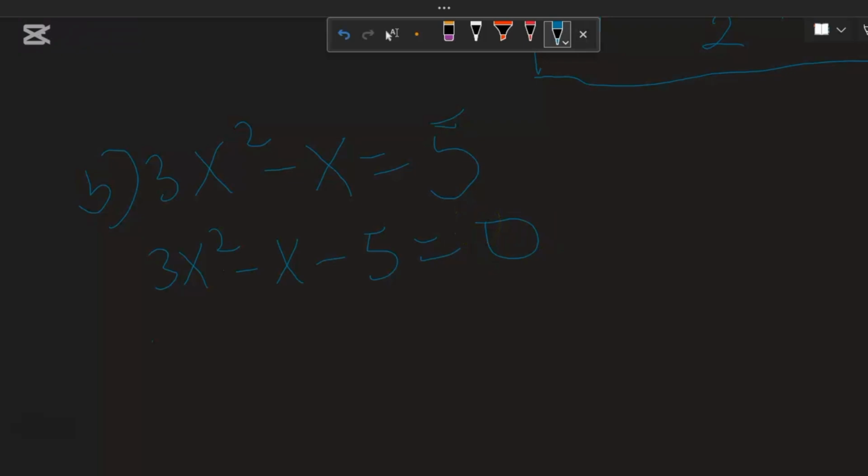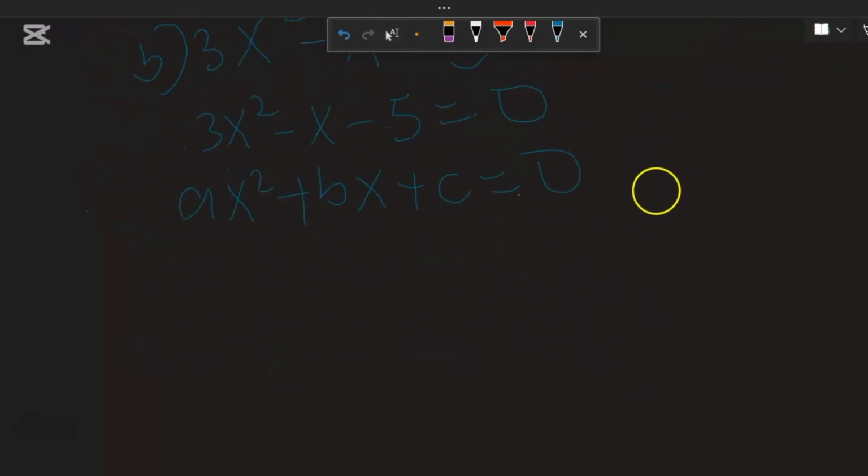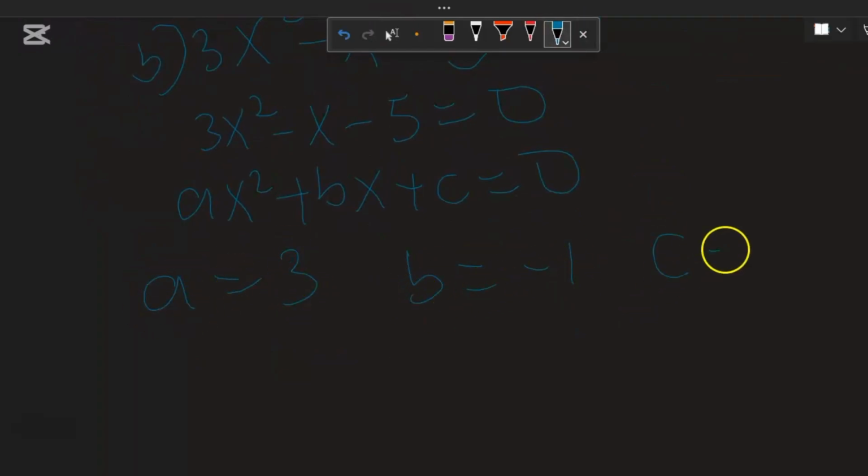Now it is in the standard form, and do not forget the standard form of a quadratic equation. So now we can compare the coefficients. By comparing the coefficients, a equals 3, b equals negative 1, and c equals negative 5. So now let's solve using the formula.